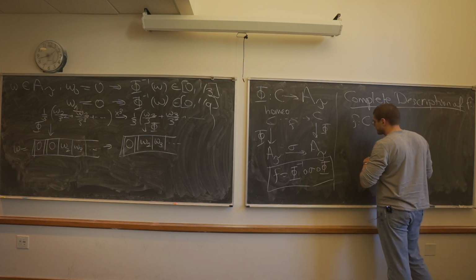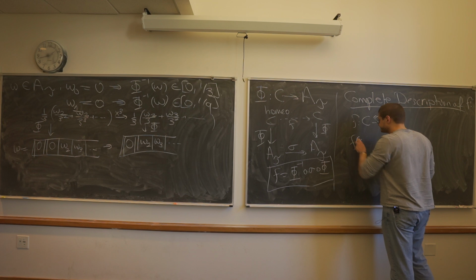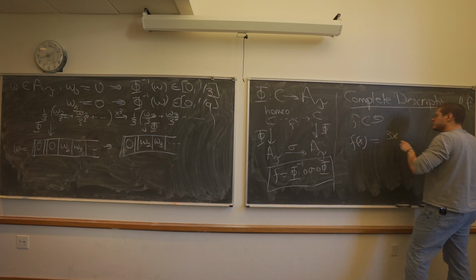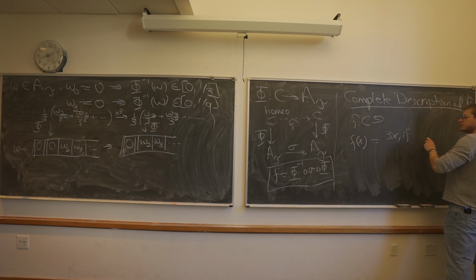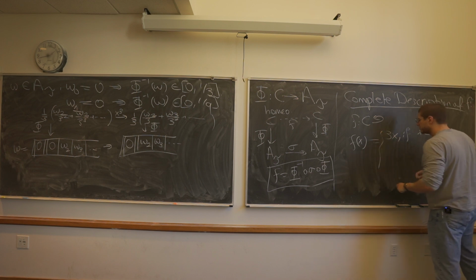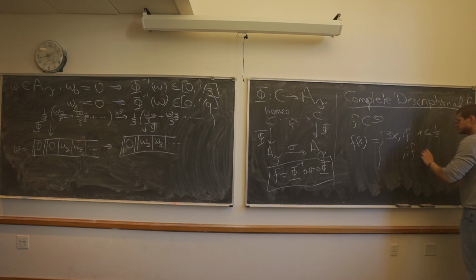You can write this formally. Let's write it. f of x equals 3x if x is here. Otherwise, I need some other formula. The point is that if this is alpha, I need to project it that way so that it becomes 3 alpha.